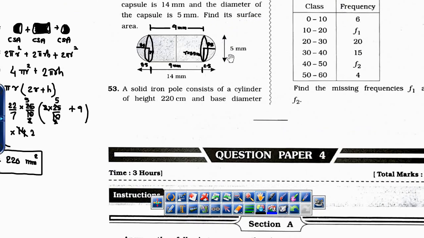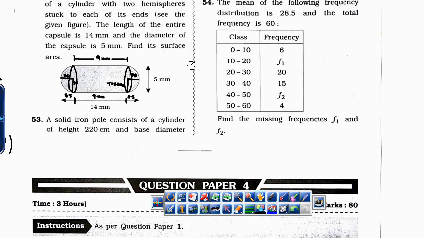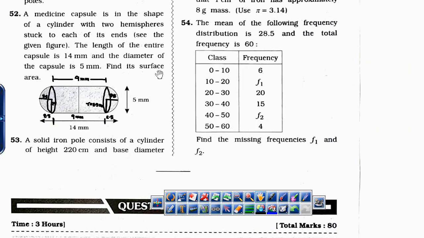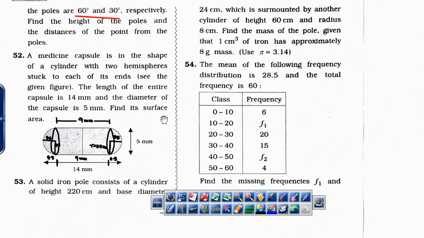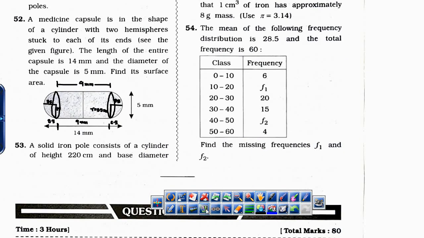53rd question. A solid iron pole consists of a cylinder of height 220 and base diameter 24 centimeter.